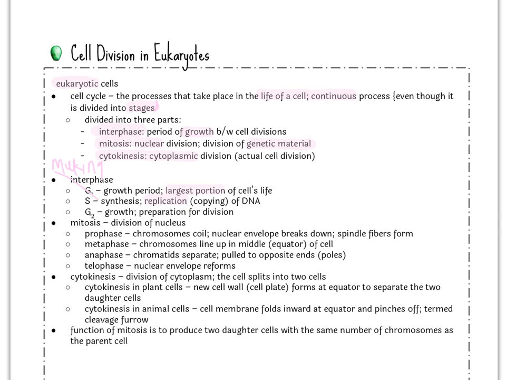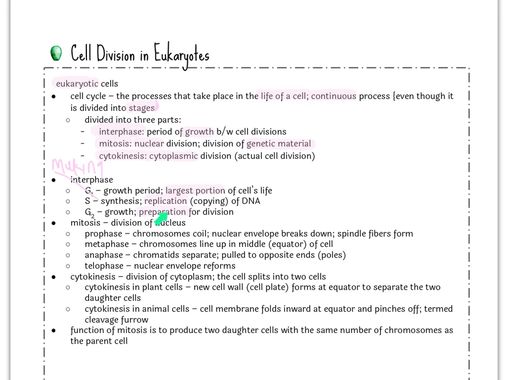And then it goes through another period of growth where it prepares for division. So interphase is made up of one growth period, then it replicates the DNA, and then there's another growth period right before it's going to divide. And most of its life is spent in this stage of the cell cycle, interphase.